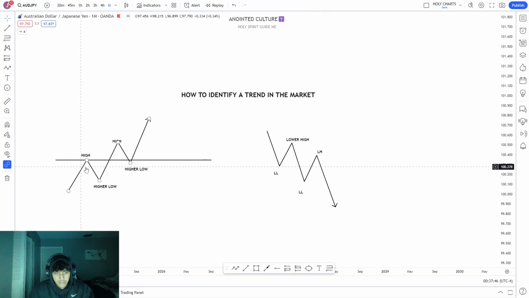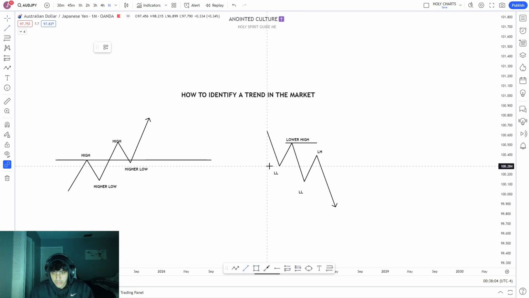So it's the same thing as an uptrend. We mark off a low and a high. So what we do, we mark out this high. This high cannot be broken in order to remain bearish. In order to remain in a downtrend, this high has to be respected.